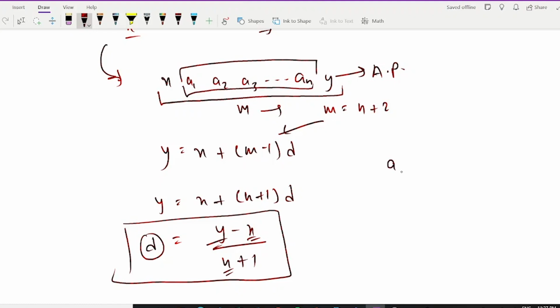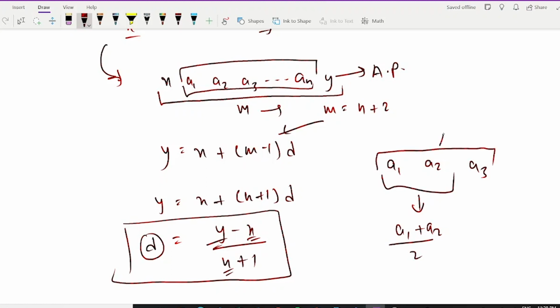If you are given two numbers a1 and a2, then the arithmetic mean for these two numbers will be (a1 plus a2) by 2, and if you are given a3 also, then the arithmetic mean for these three numbers will be (a1 plus a2 plus a3) by 3.